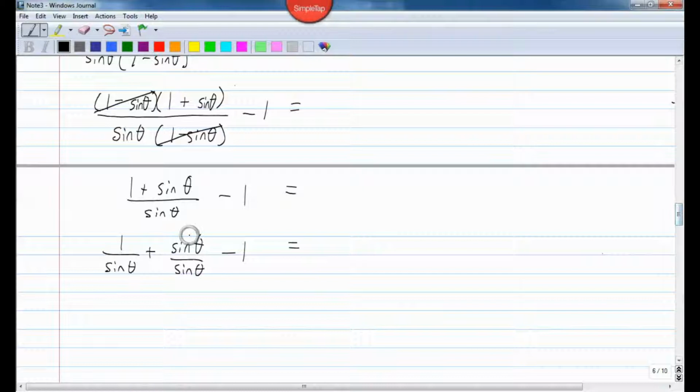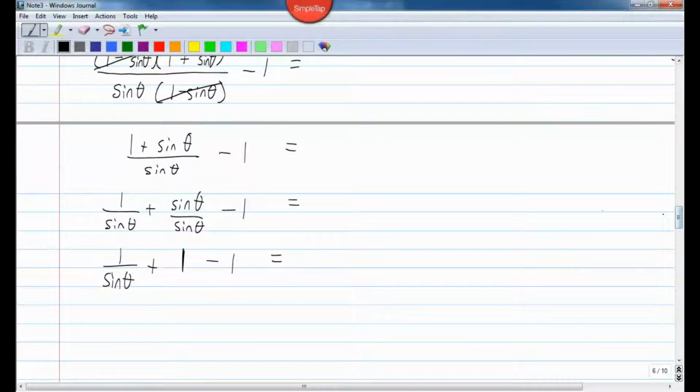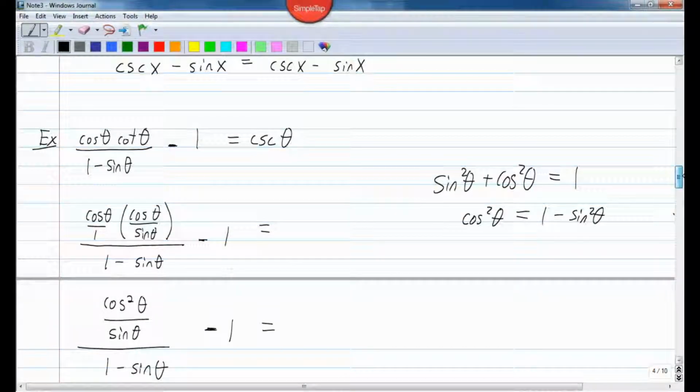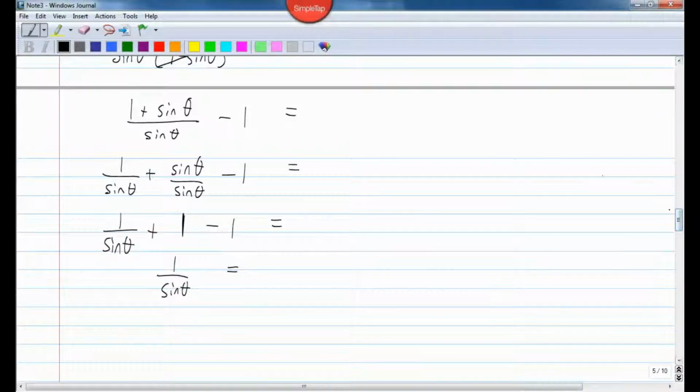And then we all know that sine divided by sine is 1. Anything divided by itself except 0 is always 1. Now I have a positive 1 and a negative 1, so they cancel out. And I'm left with 1 over sine theta equals, what's the right side? Cosecant theta. And that's right. So cosecant theta equals cosecant theta. And I'm done.